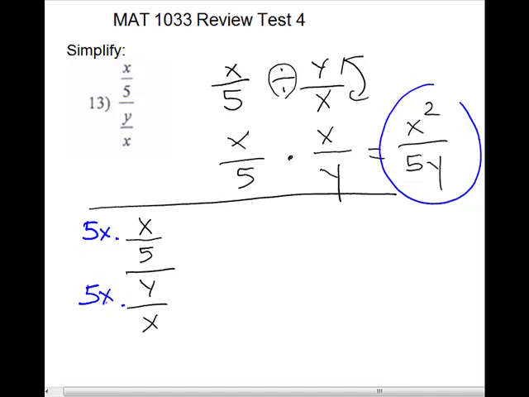And then when we simplify, on this one the 5 will divide out. It will leave us x squared. And this one, the x will divide out, which will leave us 5y. So we get to the same answer. This technique is a better technique for more complicated problems.